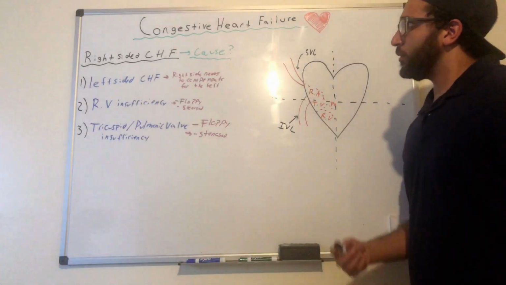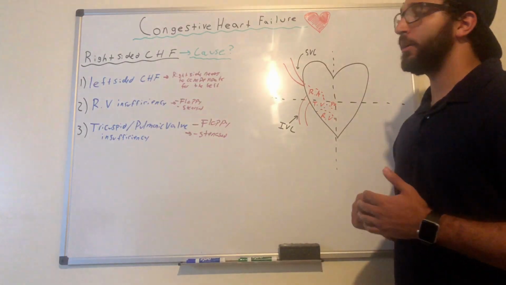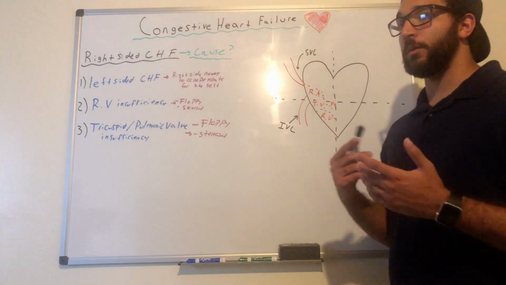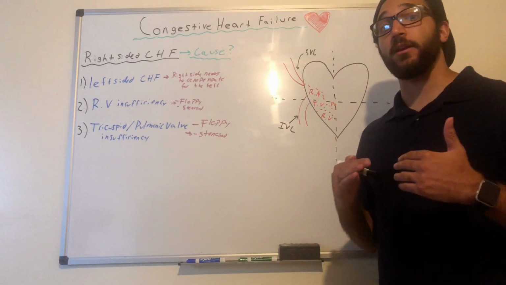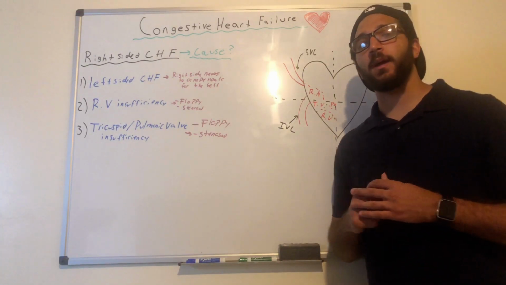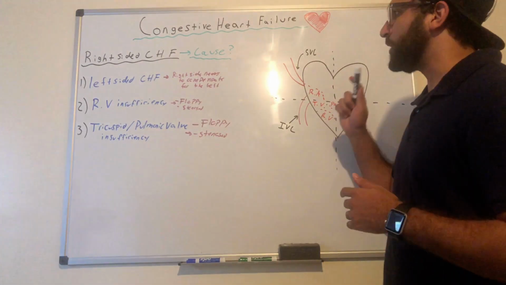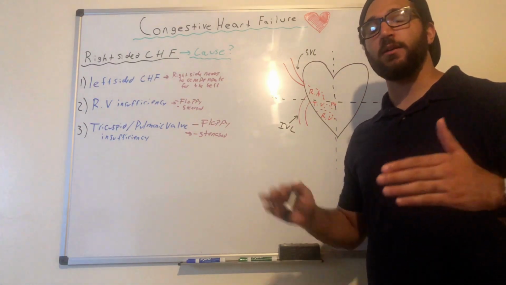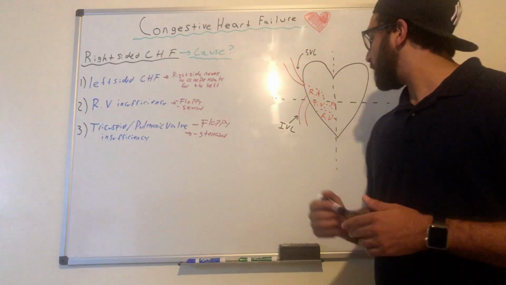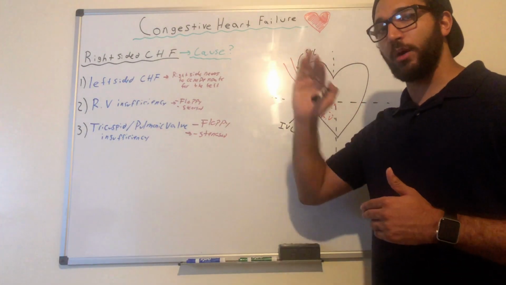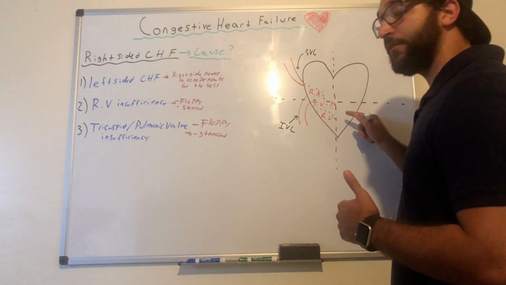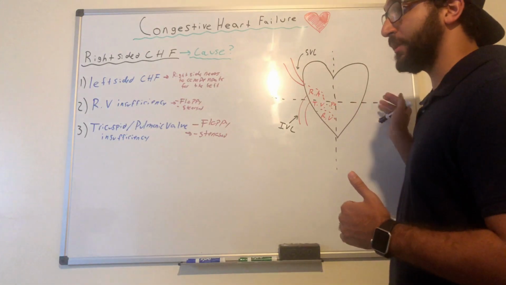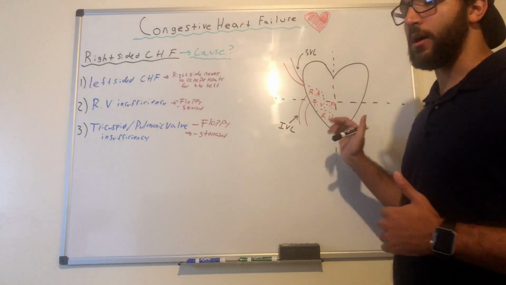Okay, so what causes right-sided congestive heart failure? The number one cause of right-sided congestive heart failure is left-sided congestive heart failure. Why does that happen? It begins with the right side trying to compensate for the left side's issues. If the left ventricle is unable to push out blood to the systemic circulation, blood flow is backing up into the right side of the heart.